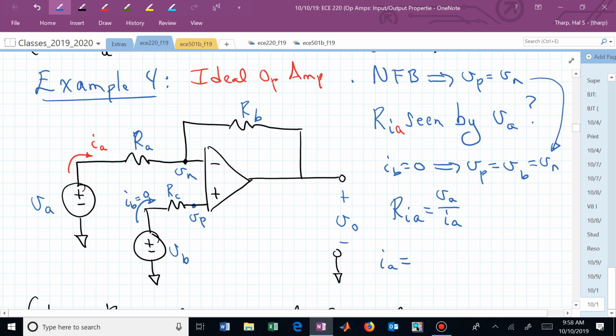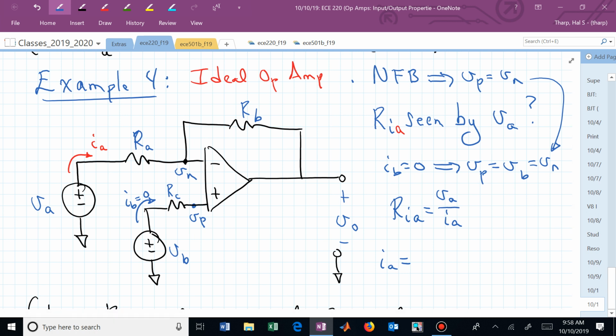In terms of the labels I have on the diagram. And not just some, the correct labels that I have on the diagram. What is I sub A? Correct.